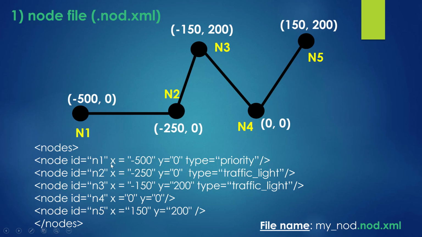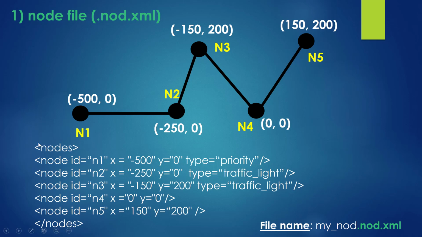X is the X coordinate, Y is the Y coordinate, and type. In type here you can set many things like the priority, or is the node controlled? Is there any traffic light at the node? All those kinds of things you can include in the type.